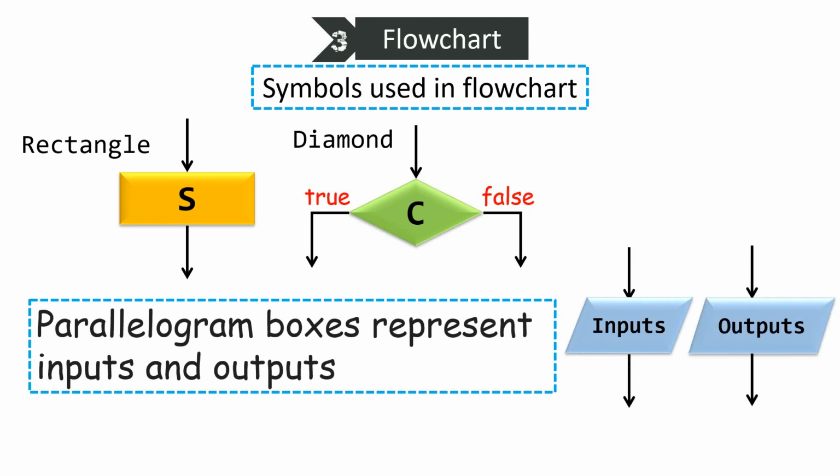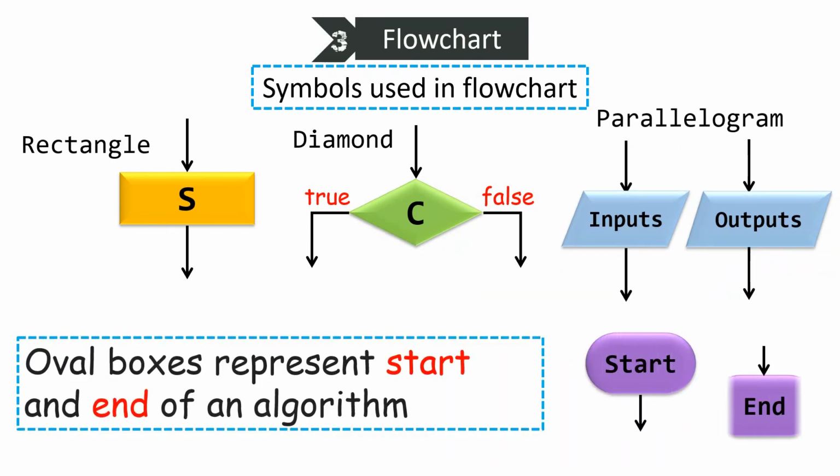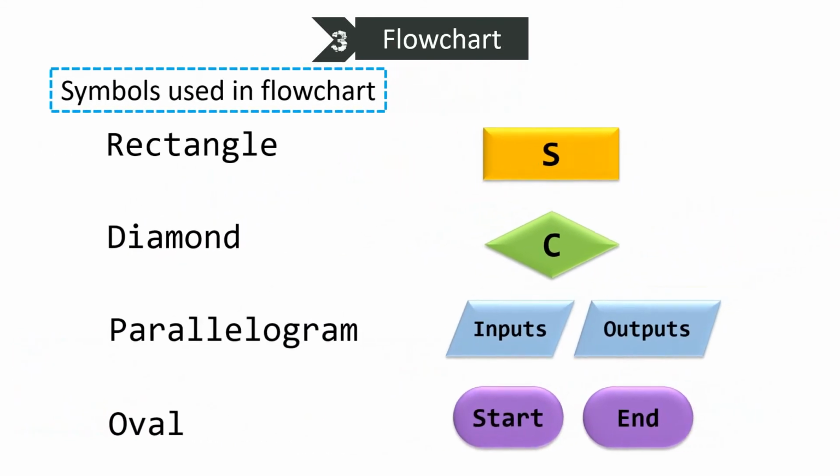Parallelogram boxes represent inputs and outputs. This symbol is called a parallelogram. Oval boxes represent start and end of an algorithm. This symbol is called an oval. Therefore, there are four important symbols used in flowchart.